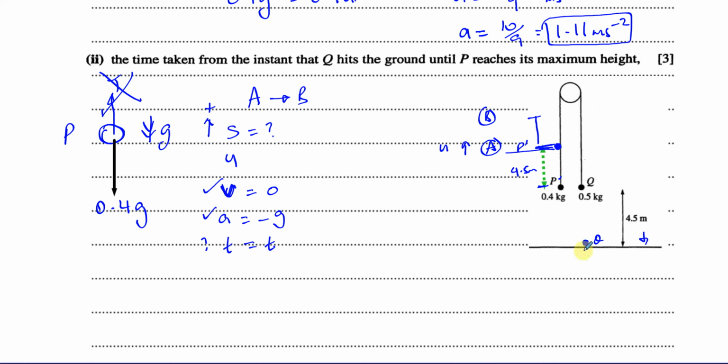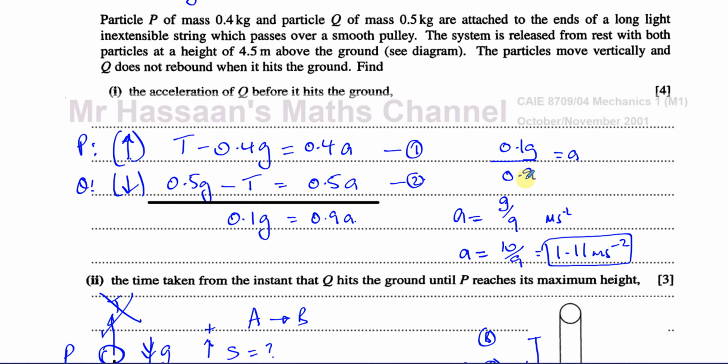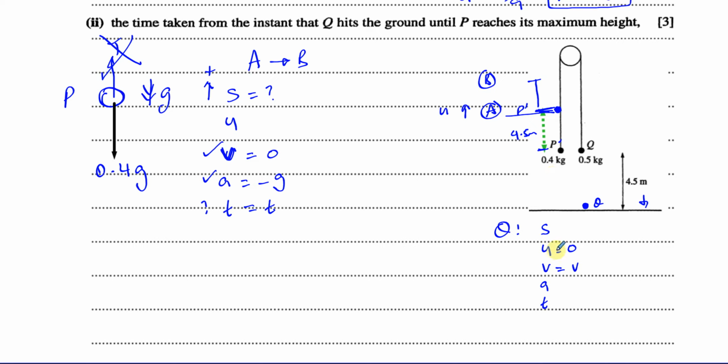So let's go back to q. Let's see what's happening with q as it's falling and see what its speed was when it hit the ground. Now the initial velocity of q is 0 because the whole system, as it says here, was released from rest. The distance through which it's fallen is 4.5 meters. And remember, for q, we were taking down as positive as it was falling down.